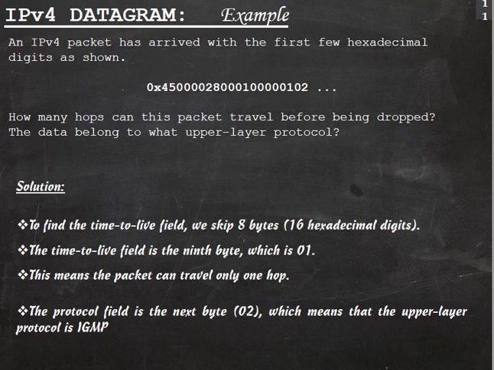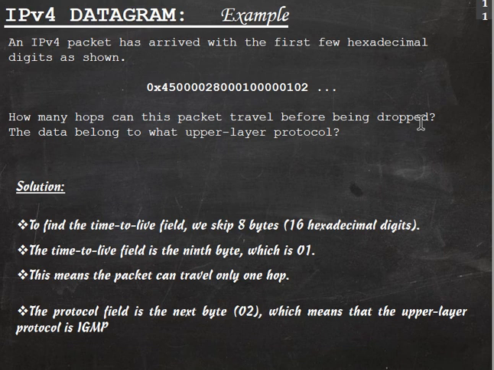So what we need to calculate is, one, how many hops this packet can travel before being dropped, that is, we need to calculate the time to live. Second is which particular protocol this data belongs to. So first we'll see how many hops this can travel.